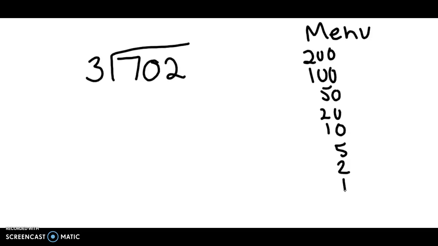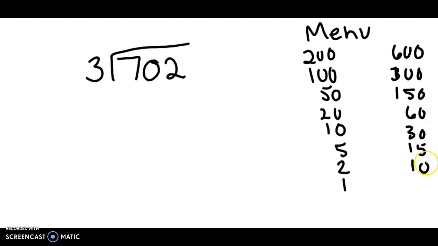So if those choices are on the menu from 1 to 200, I have them actually multiply them out so that they know that 200 times 3 is 600, 300, 150, 60, 30, 15, 10, and 3. Excuse me, not 10, that would be 6.